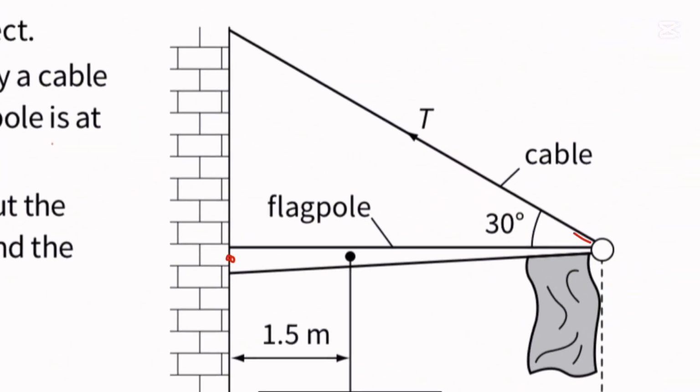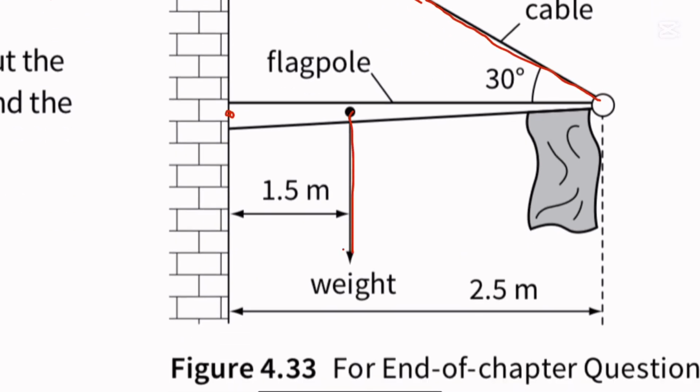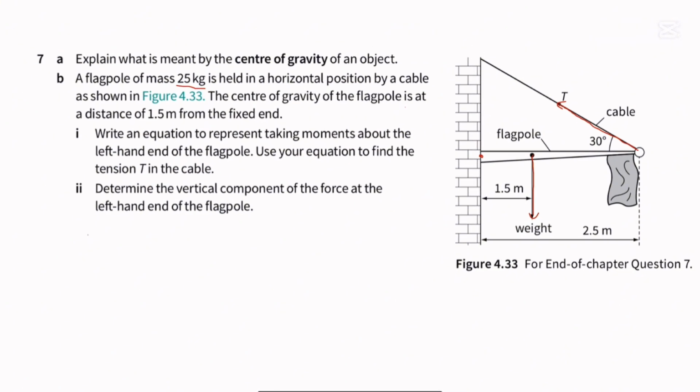It has a tension force right here, the tension of the cable, and the weight here. Write an equation to represent taking moments about the left-hand end of the flagpole. Using your equation, find the tension T in the cable.